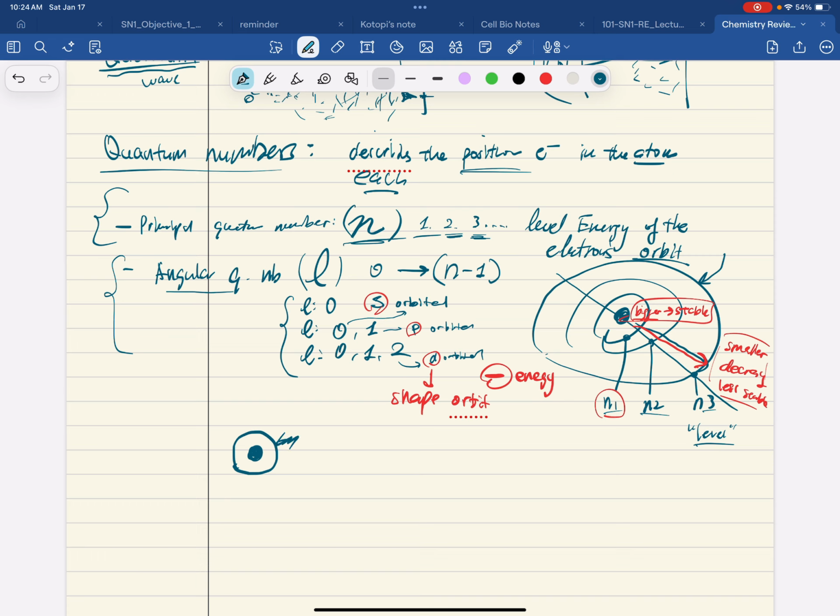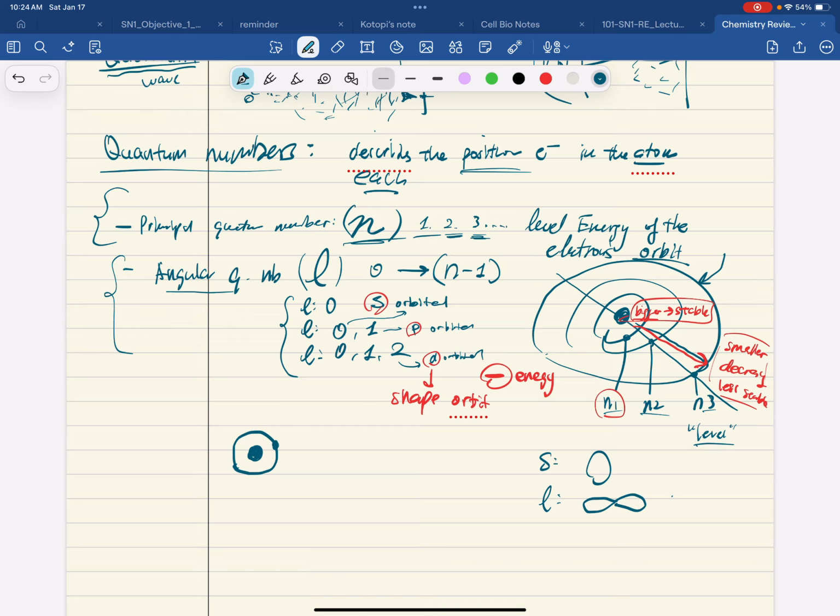So the electron on the first orbit here has n equals 1 and L equals 0. Now, this L will represent the shape of the orbit. An s orbital looks like a circle. A p orbital looks like a dumbbell.